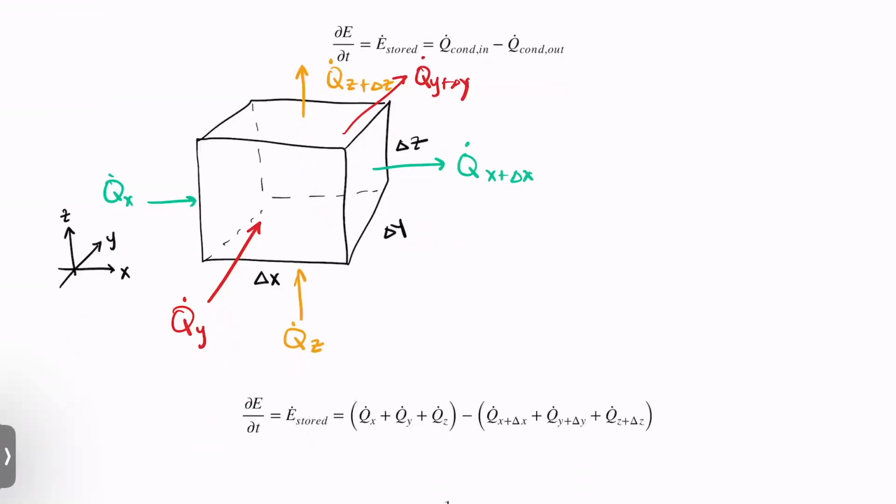So q dot x is coming in, q dot x plus delta x is leaving, q dot y is coming in, and q dot y plus delta y is leaving. And same thing for the z direction, we have q dot z coming in and q dot z plus delta z is leaving.